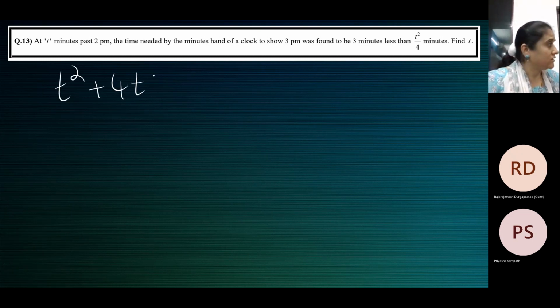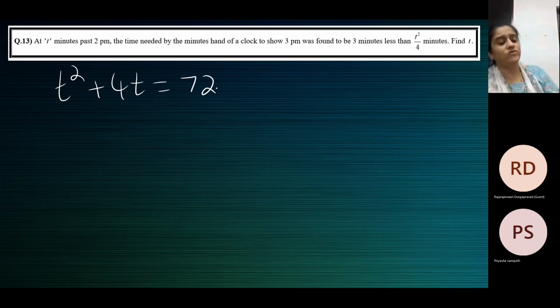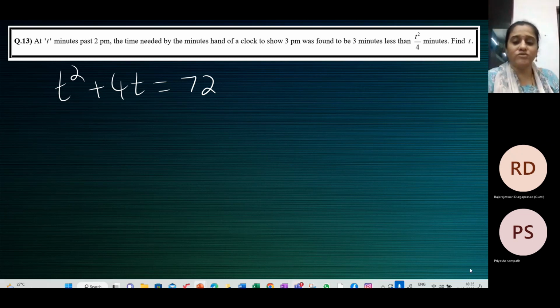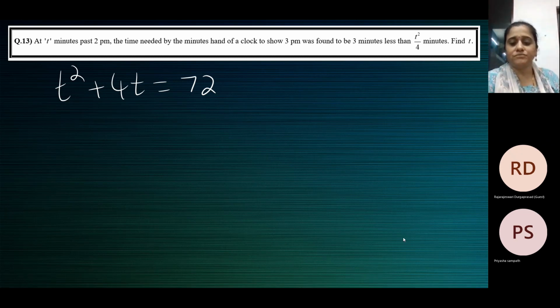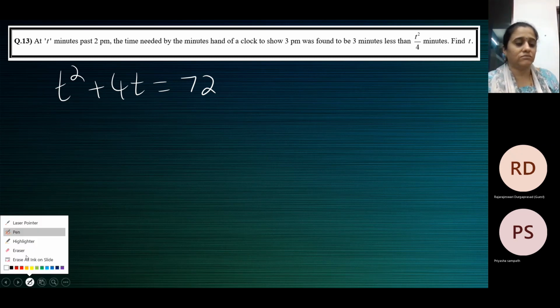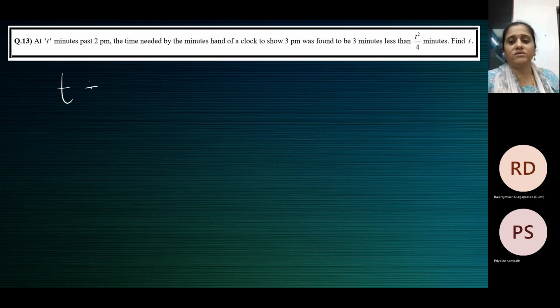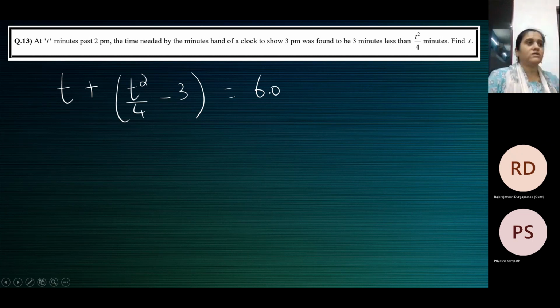T square plus 4t is equal to 70. No, the first line I want, before simplifying. T plus t square by 4 minus 3 is equal to 60, correct? Remember this?